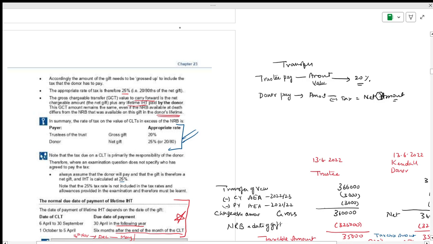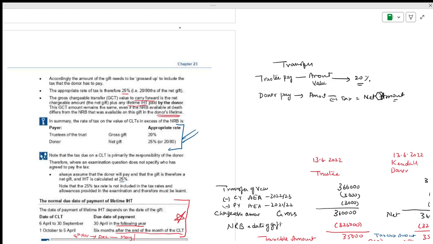Understand? Listen carefully. I am giving a gift to you, very simple. When I am giving a gift to you and you will pay tax, then I am not responsible; whatever the amount is, it is treated as gross. Now I am a donor, you are a donee.